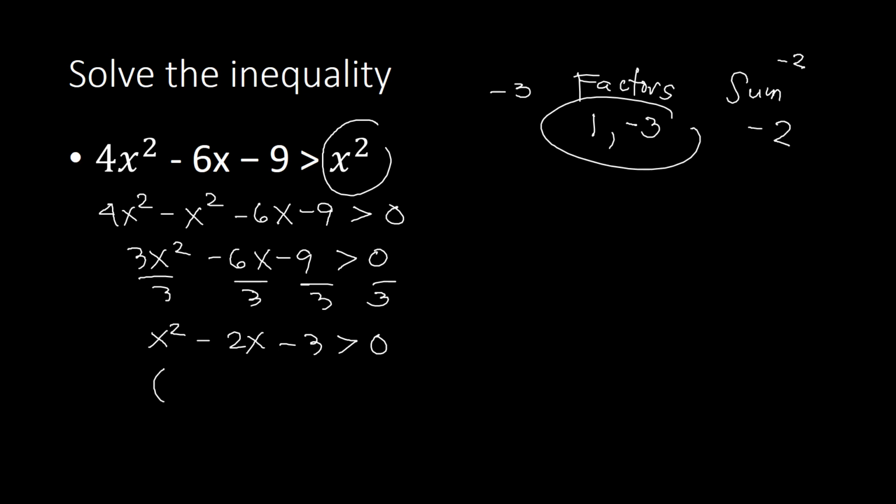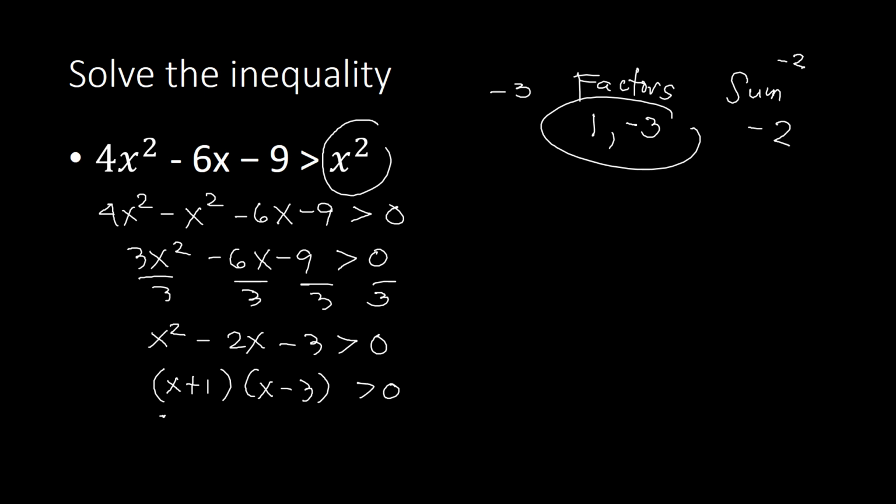So we have here x plus 1 times x minus 3. That will be greater than 0. Again, writing that one in the format wherein you've got difference on the factors. Sorry.